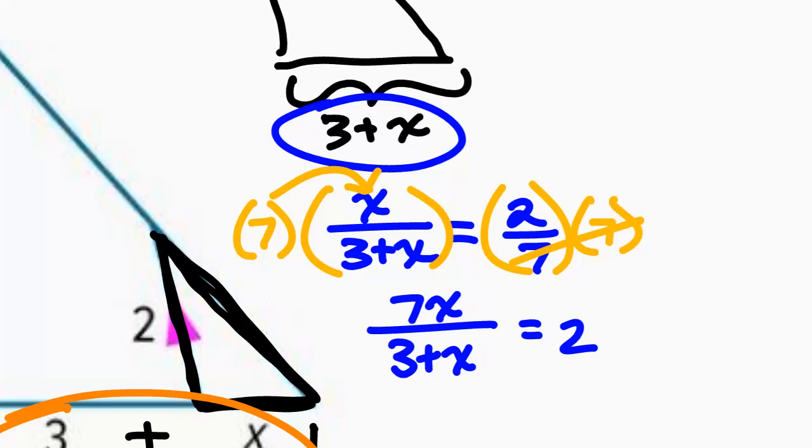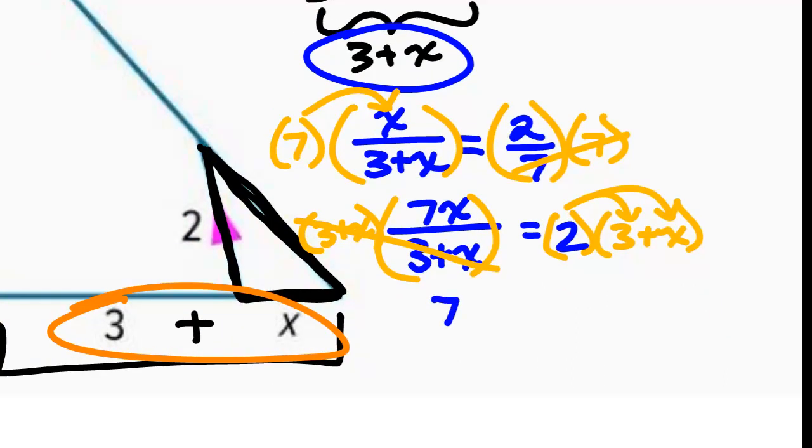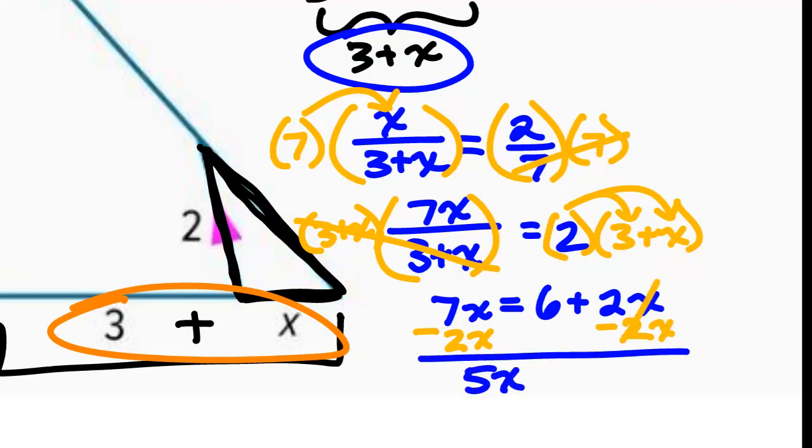And then we would have to multiply by the other denominator, 3 plus x. So the 2 would have to distribute here. So I would have 7x equals 6 plus 2x. Then I would subtract 2x from both sides, giving me 5x is equal to 6.